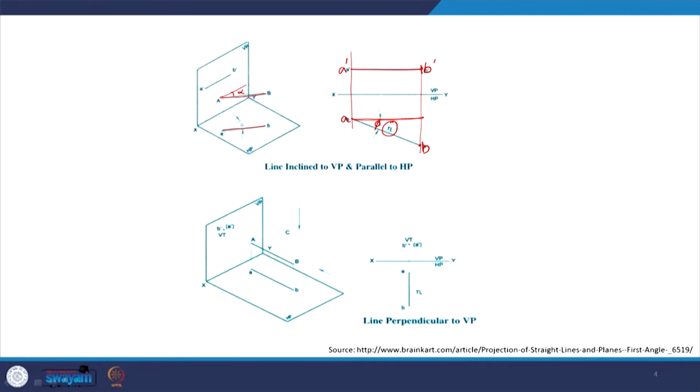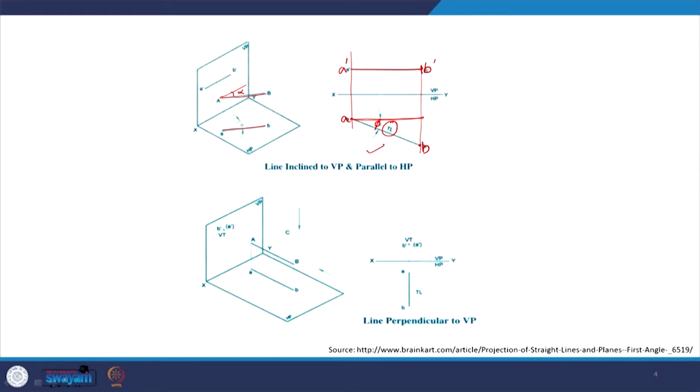So we will always start with drawing the true length first. Wherever we are seeing the true length, that is what we will be drawing first. So we draw the horizontal plane first, the plan, and then we will draw the elevation in the vertical plane. Wherever true length comes, that will be drawn first.